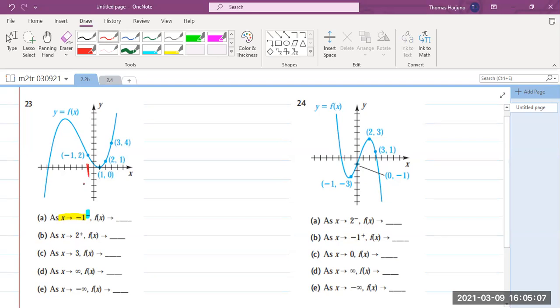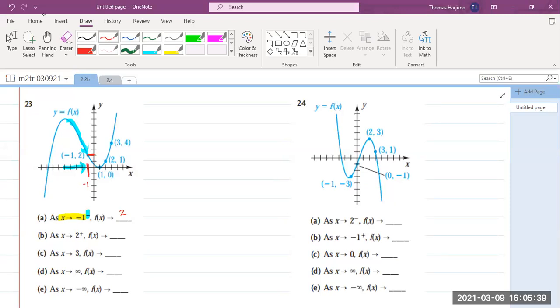Now we will approach that from left hand side. If you approach that from left-hand side, what will the value of the function approaching? The value of that function approaching this, which is 2. If you approach from the left-hand side.